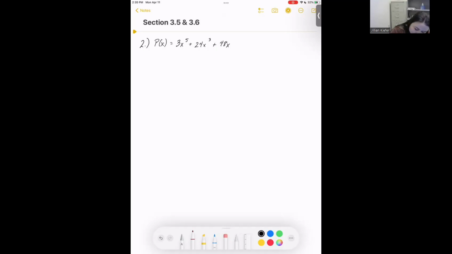So instead, we can say p of x is equal to 3x times everything left over. So we're going to have x to the power of 4 plus 8x squared plus 16. So that's how p of x is going to factor.